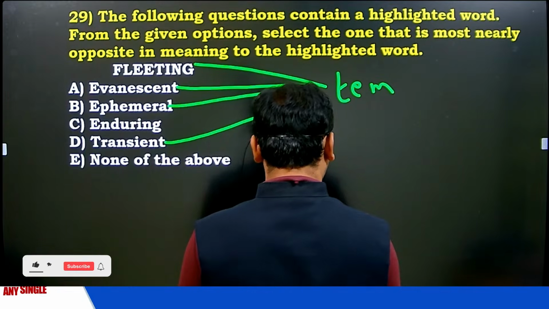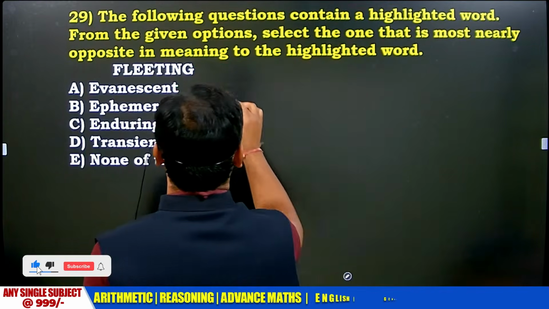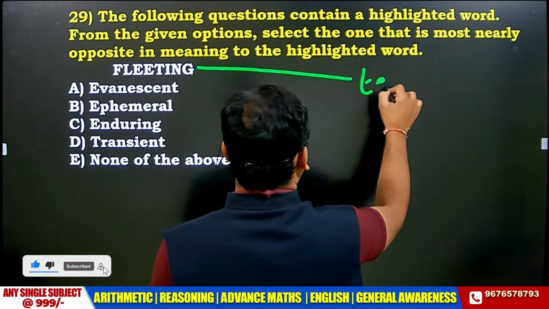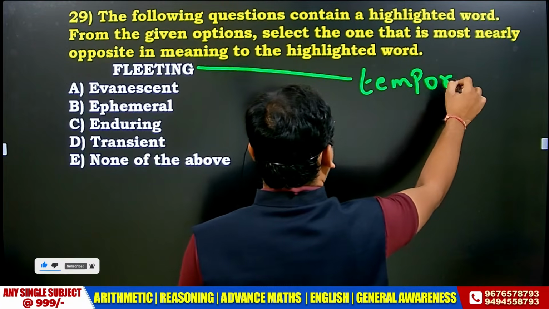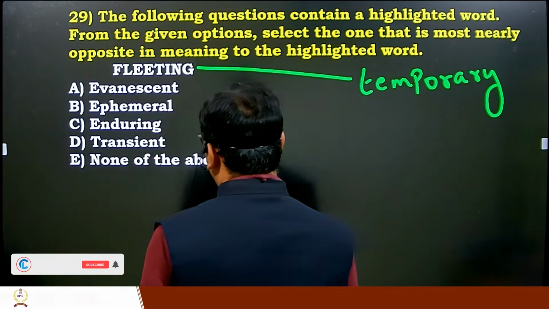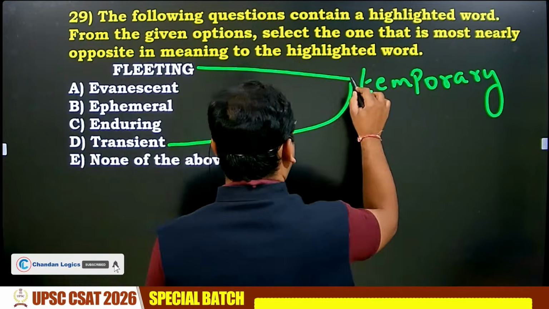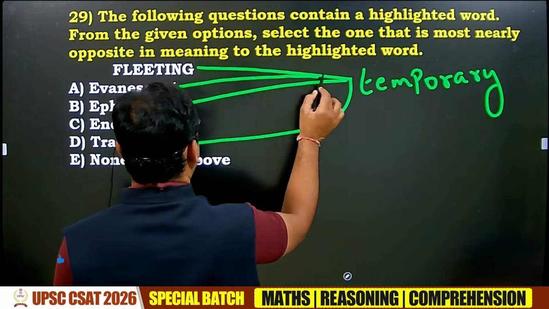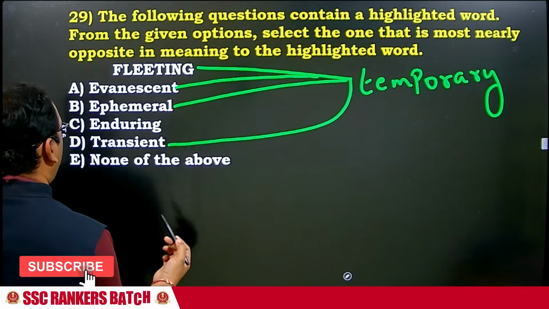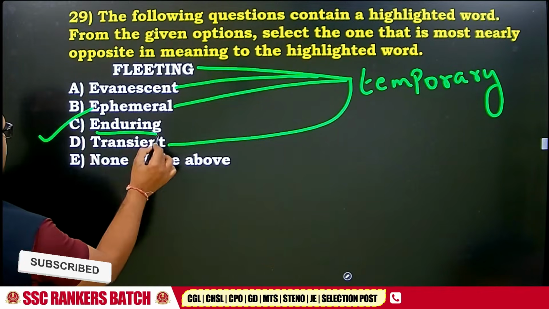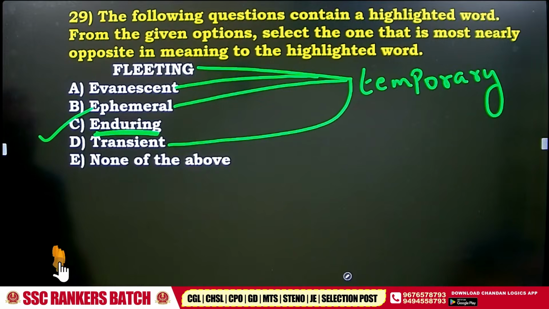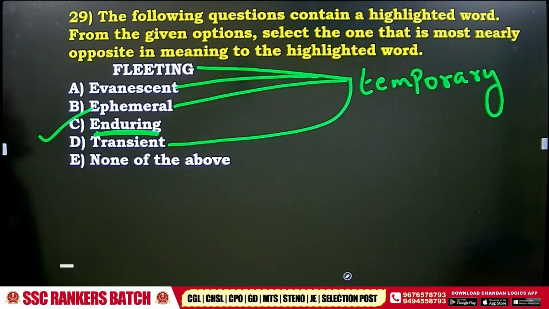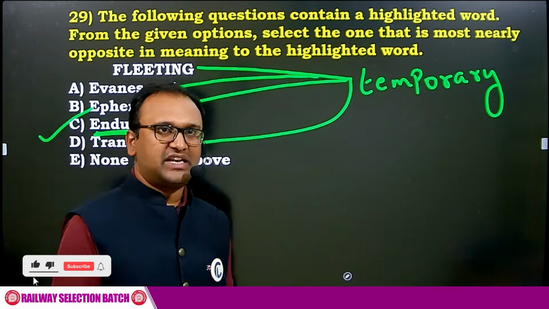So the meaning of the word fleeting is temporary. Transient is also temporary. Ephemeral is temporary. Evanescent is temporary. Now we want the opposite, that is enduring. Enduring is permanent. Direct vocabulary, guys. Plus minus factor.